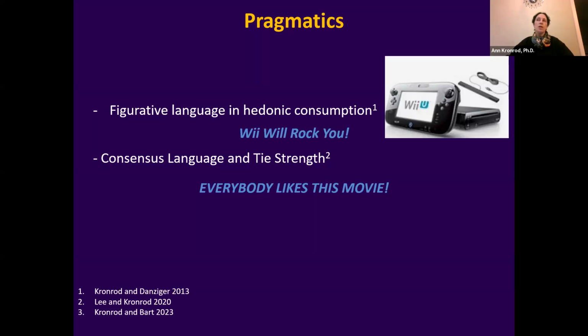Usually when we listen to word of mouth about products, we're more convinced by word of mouth that comes from strong ties, from our friends, from people we can trust, from family members. But specifically in the case that they use consensus language, such as everybody, something else is happening and it interferes with this initial inclination.